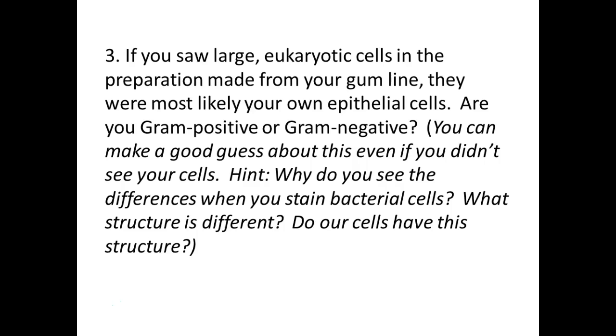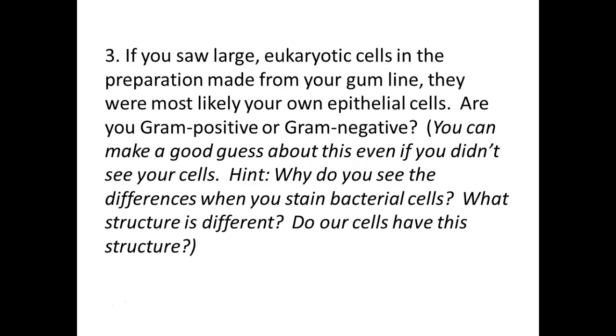So if you saw large eukaryotic cells in a preparation of your gum line, they were most likely your own epithelial cells. Would they be gram-positive or gram-negative? Well, what makes a bacteria gram-positive? The peptidoglycan. That's its cell wall, right? Do we have cell walls?